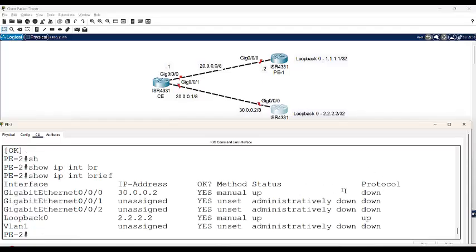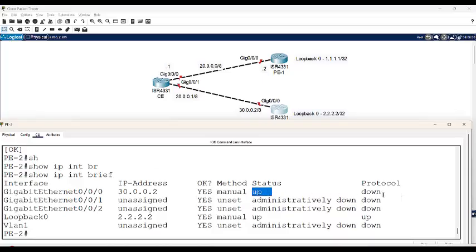When you type this, you can see that before no shutdown it was administratively down. When I say no shutdown, the status comes up, no doubt, but the line protocol is down because the other end is not up.